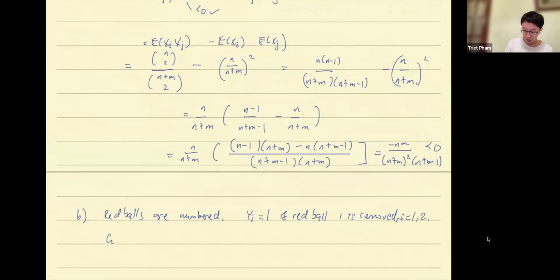So now they ask you again whether this is positive, equal to 0, or negative, and then justify, meaning calculate it out. So what should it be here?